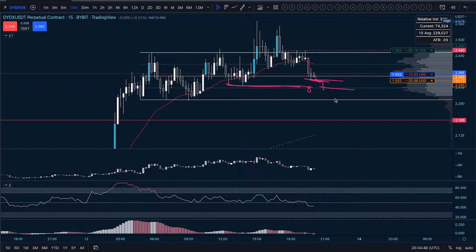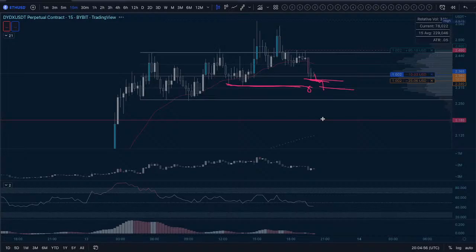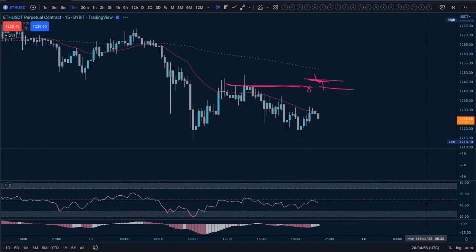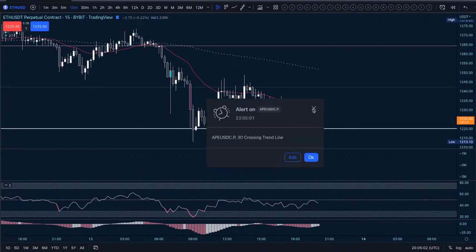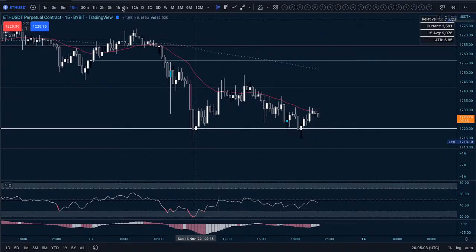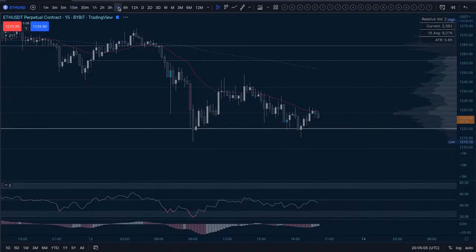Let's check some other stuff. I think this is gonna hit that. So let's look at other stuff while it's doing that. As we talked about, ETH is a kind of weird spot.